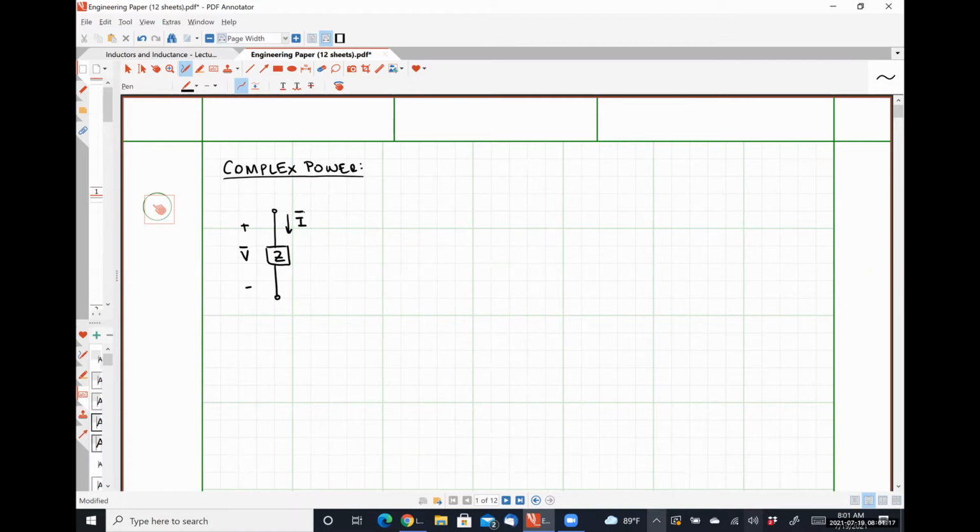Now we know that our phasor voltage V will be of the generic form Vm angle theta V, and our phasor current I will be of the generic form Im angle theta I. These are our frequency domain relationships.